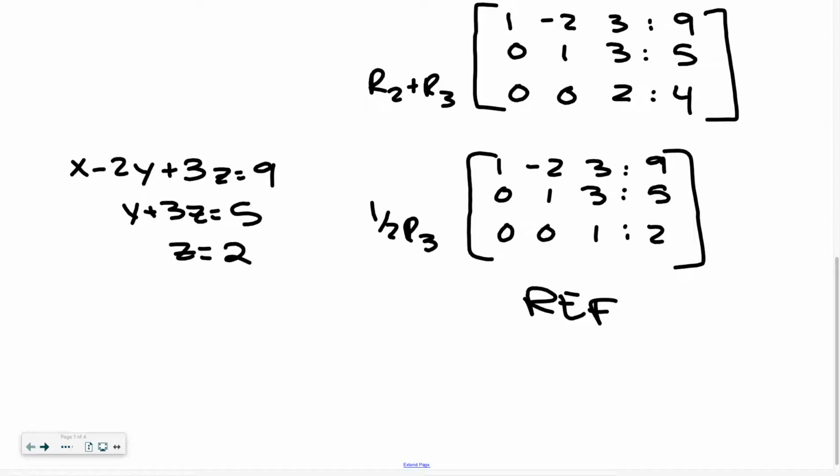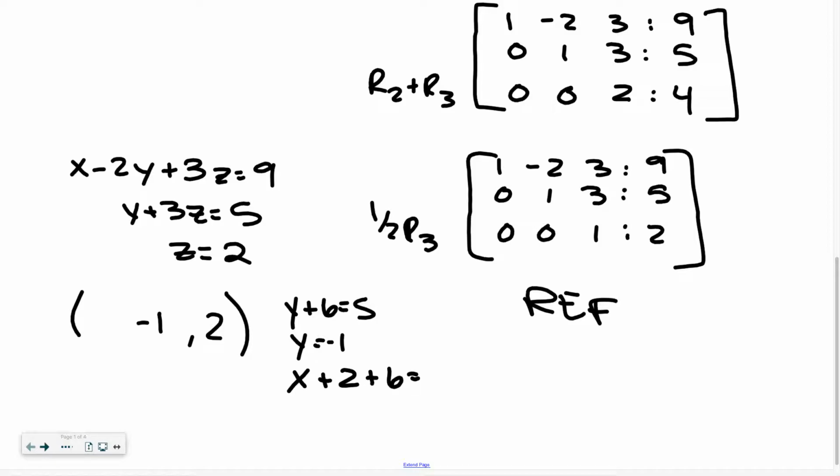Okay. Let's see. Well, z is 2. If I back substitute z into the second row, I'll have y plus 6 equals 5. So y is -1. And if I back substitute 2 and -1 into the first equation, or first row, I'll have x plus 2 plus 6 equals 9.